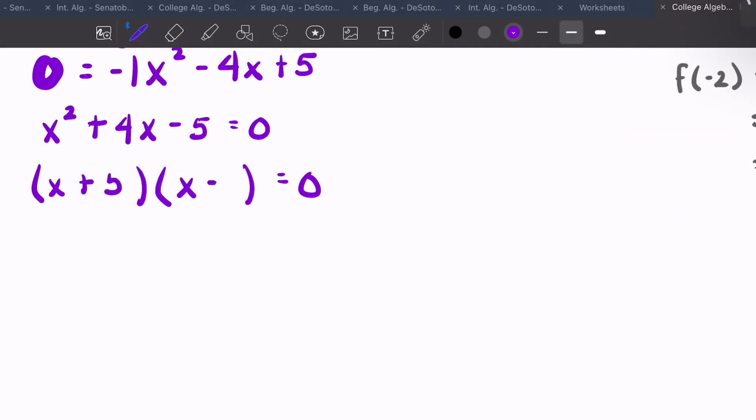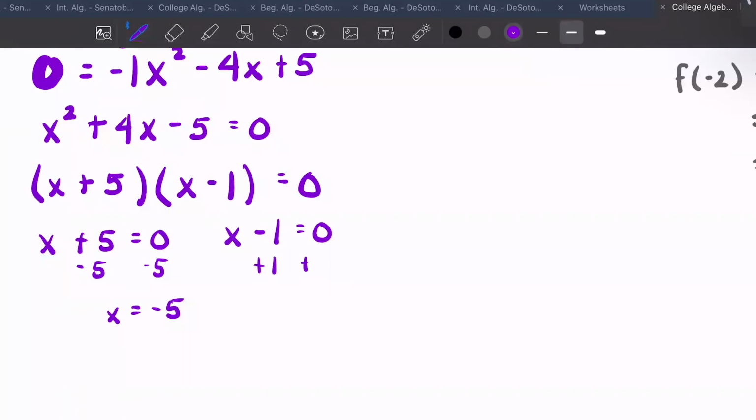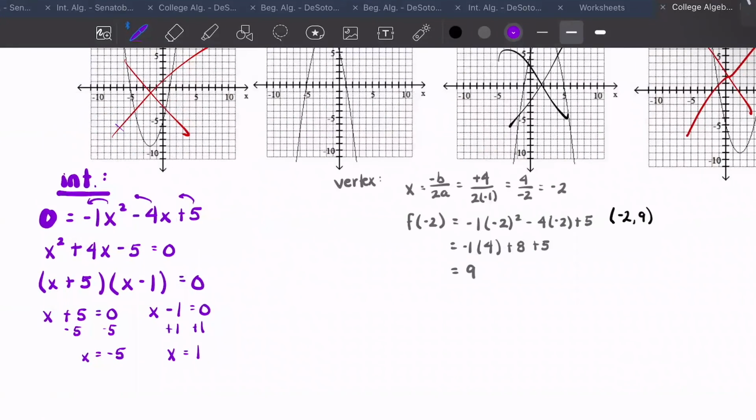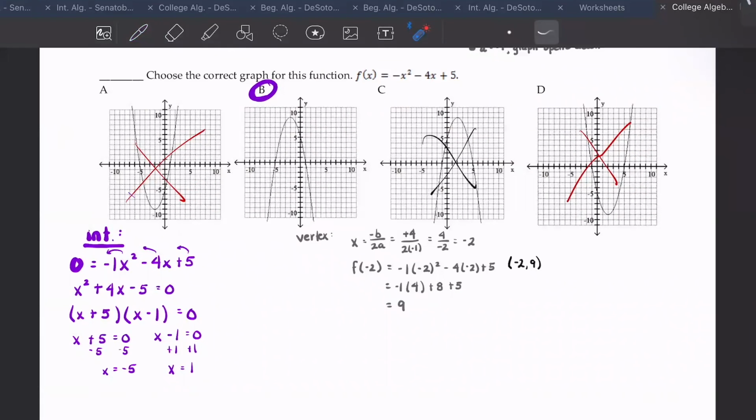And you will have 5 and 1. You'll set both equal to 0 and then solve. So it should cross at negative 5 and 1, which it does right here. Negative 5 and 1, which makes sense because that's the one we picked.